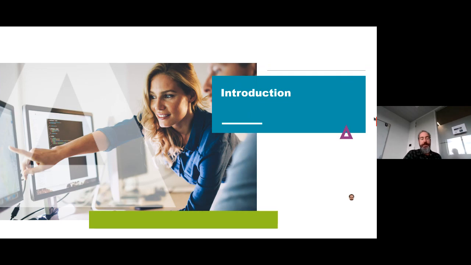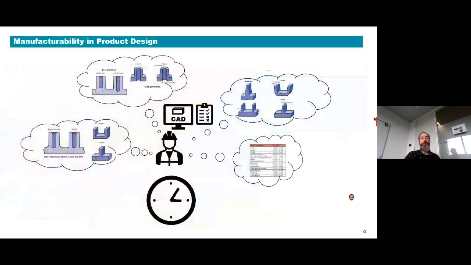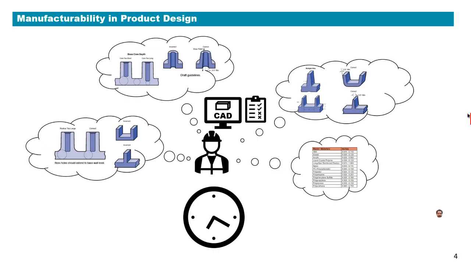So let's get started. What are we talking about today? Manufacturability is often really a big hurdle before any new product can go into production. So there's really a need to describe all the geometric restrictions and limitations that apply for each specific process or even process variant.